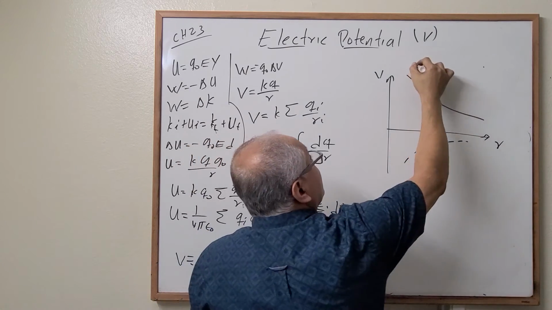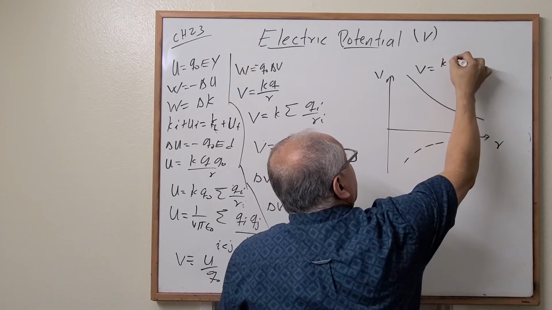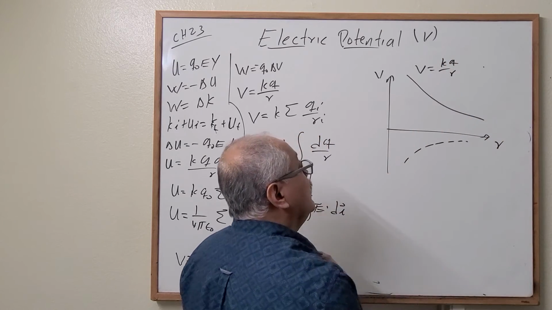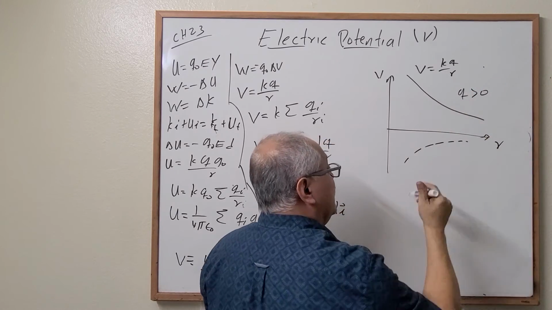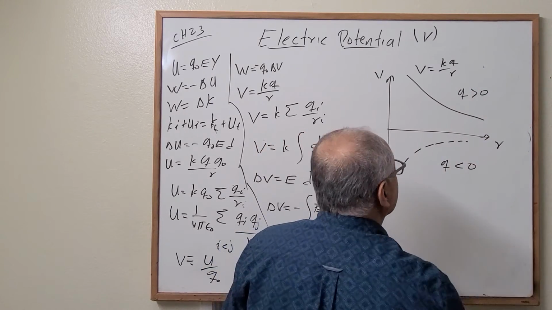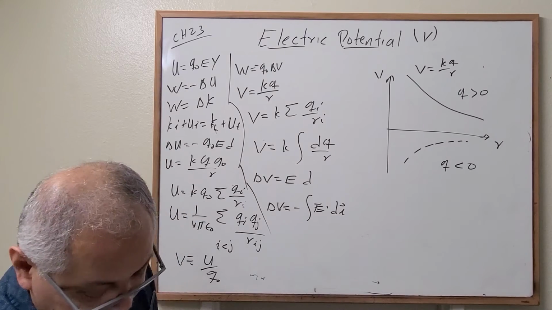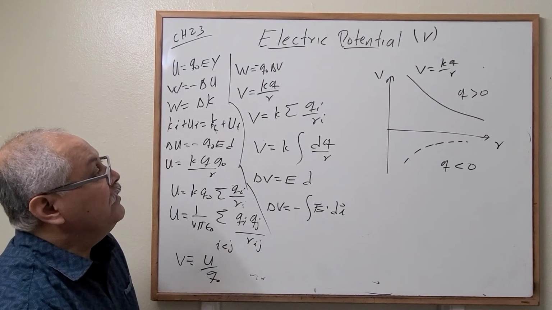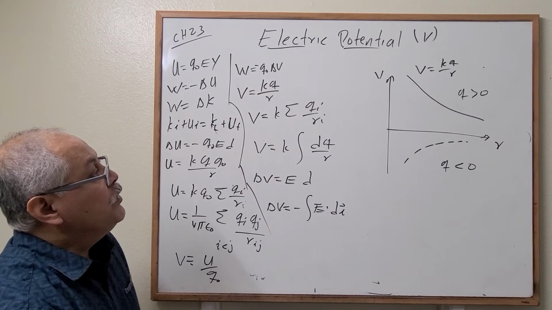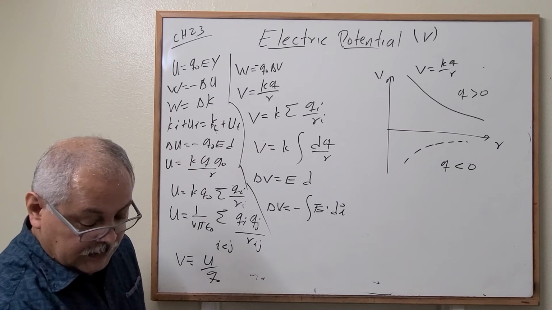We have again electric potential equal to kq over r. This is the case when the charge is positive. And this is the case when the charge is negative, and we have this graph.